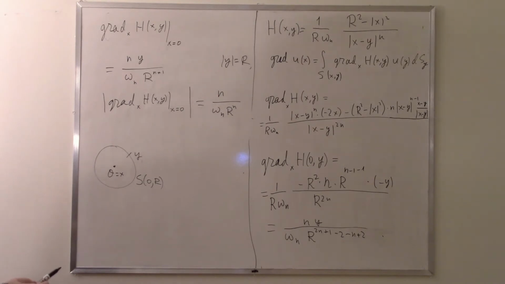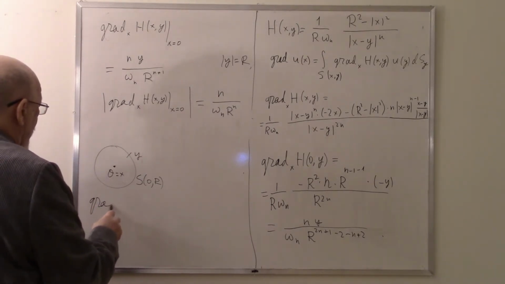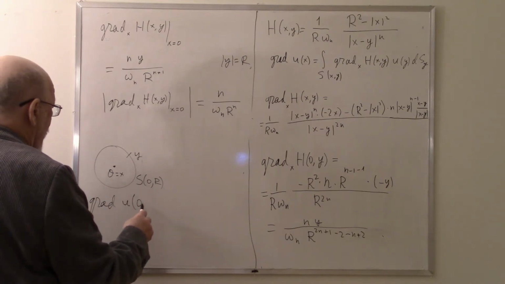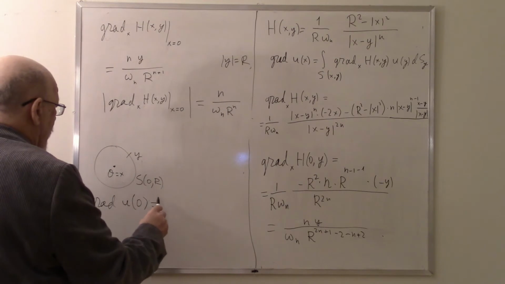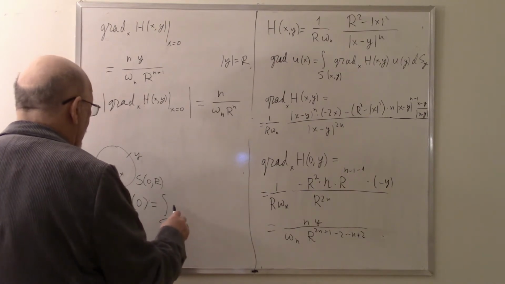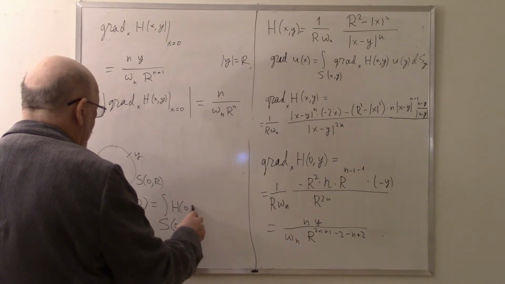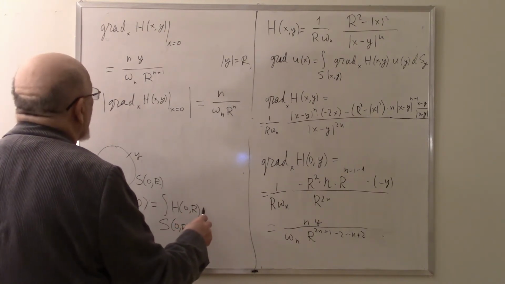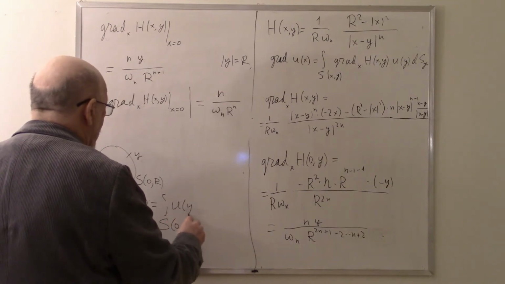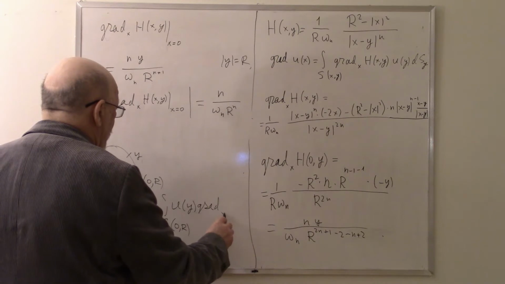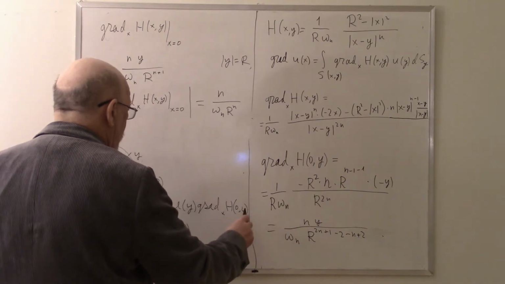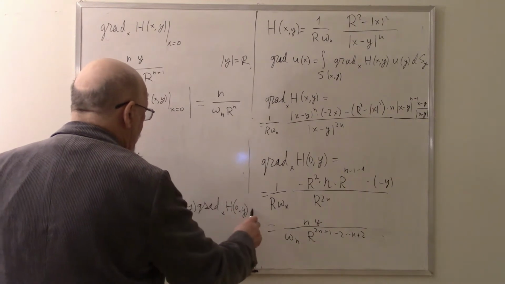And now let us find the gradient of u at 0, which equals the integral over S(0, r) of u(y) times the gradient with respect to x of h(0, y) dsy.